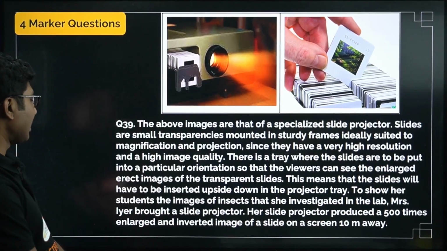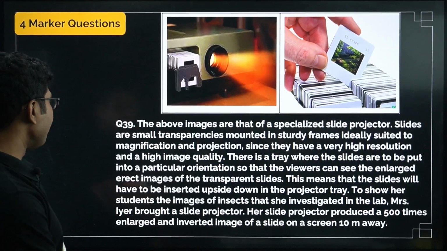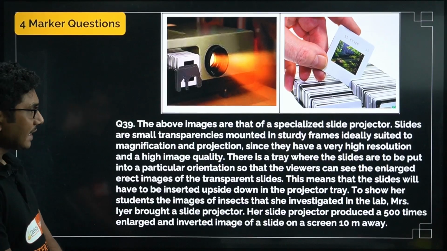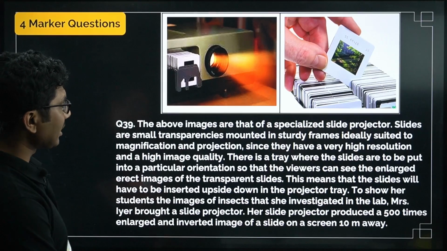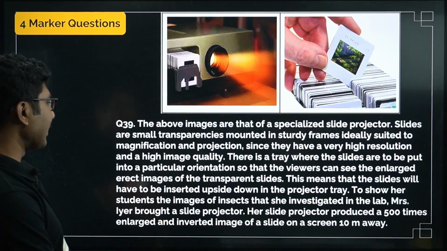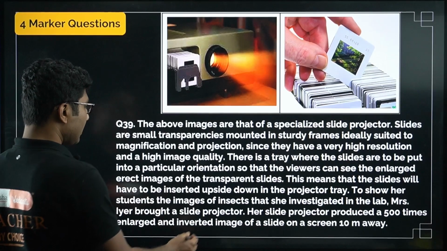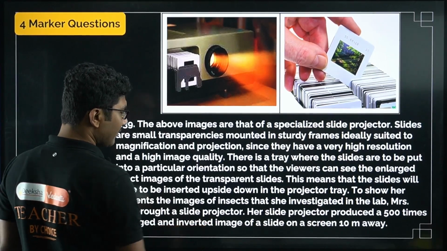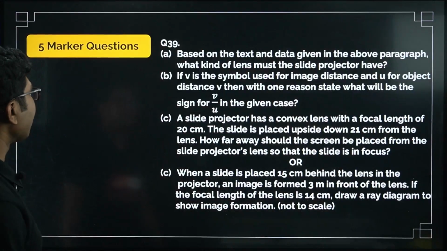To show her students the images of insects that she investigated in the lab, Mrs. Iyer bought a slide projector. Her slide projector produced a 500 times enlarged and inverted image of a slide on a screen 10 meter away. So enlargement is 500 and the distance is 10 meter. Now let's see the question.